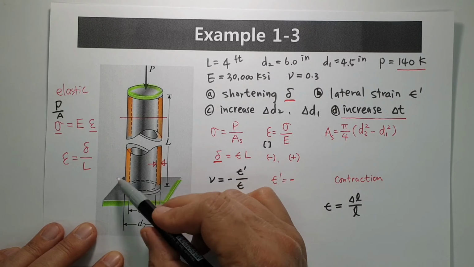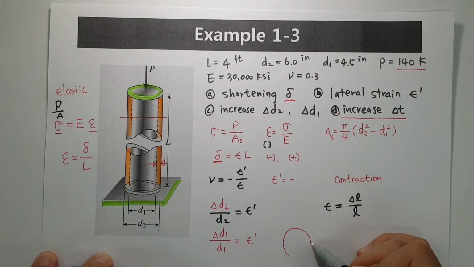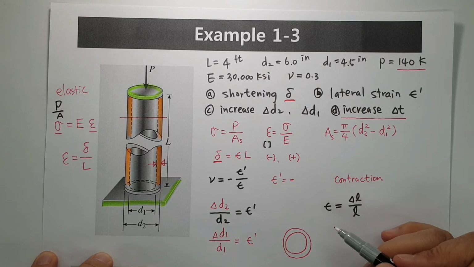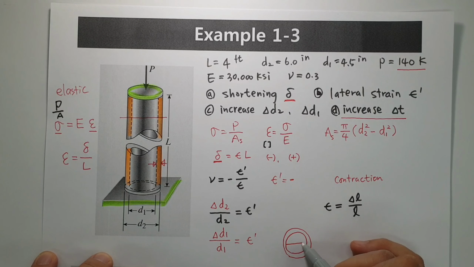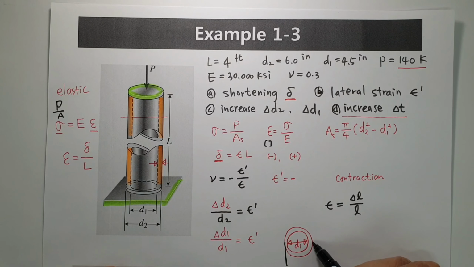And when you draw cross-sectional area, it's like this one. Outside D2, inside D1. Okay, this one is D1, and outside is D2, diameter D2, let's say D2.